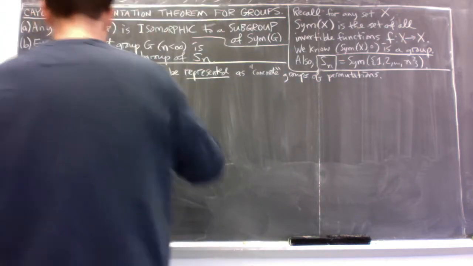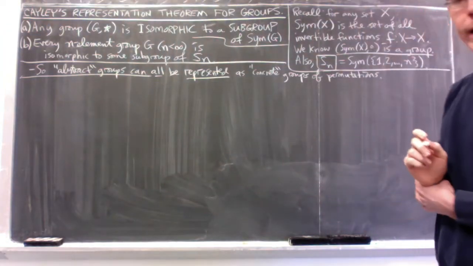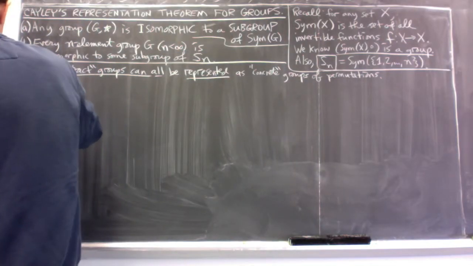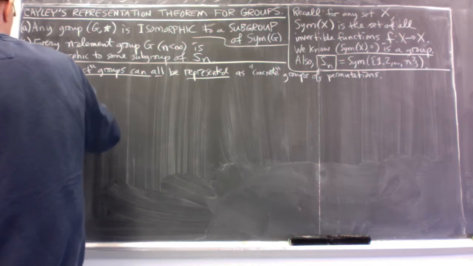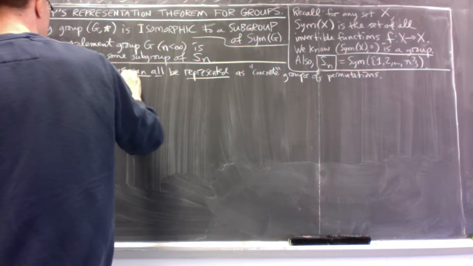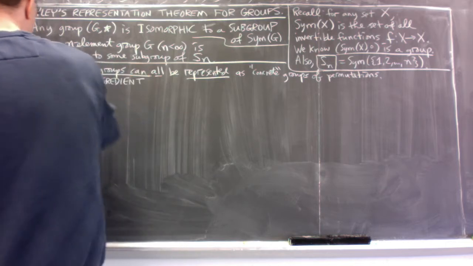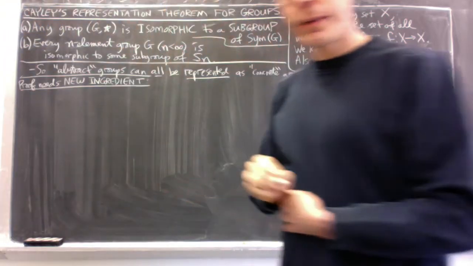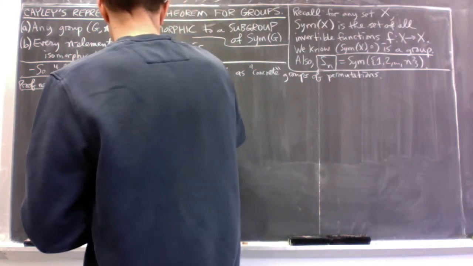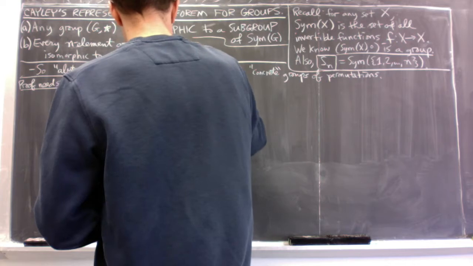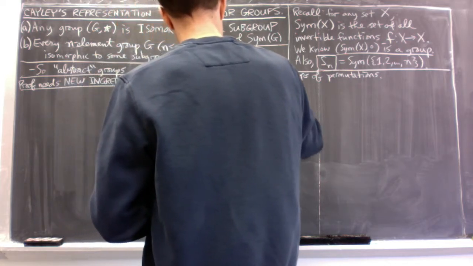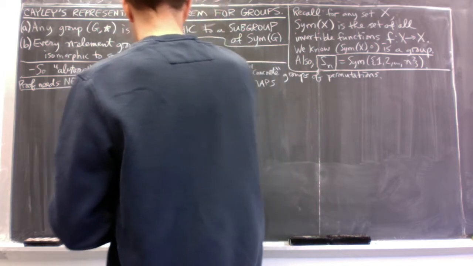All right, so we'll get to the proof, but the proof is going to actually use a new ingredient that we haven't really seen before, a very interesting idea that leads us to this proof, which is the idea of a left multiplication map, which I will define right now.